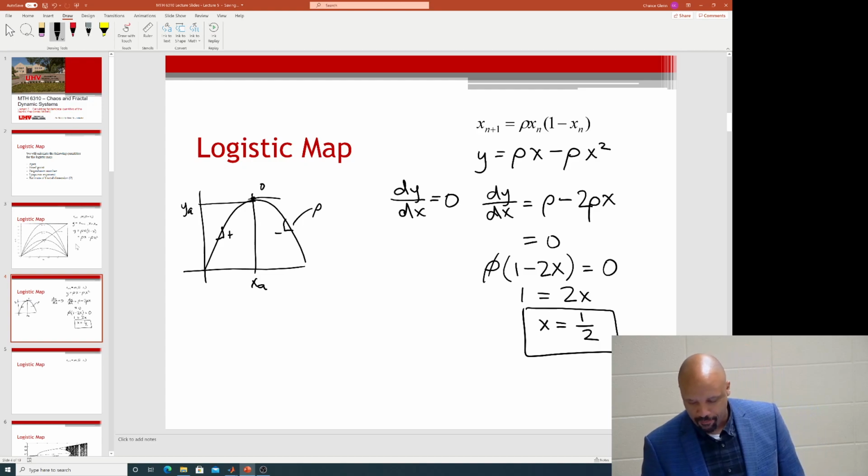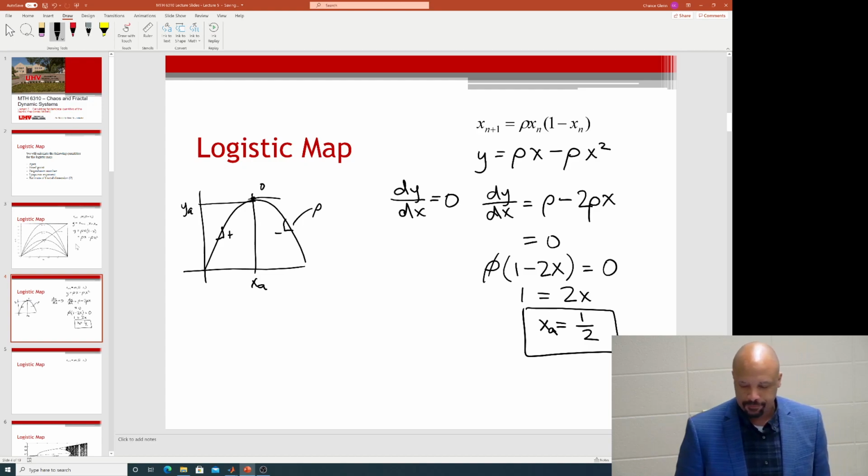Now you can go back. So now we have x of a equal to 1/2.